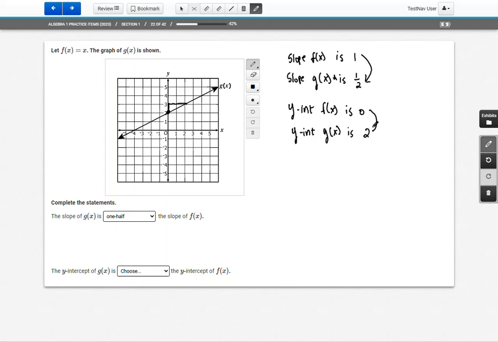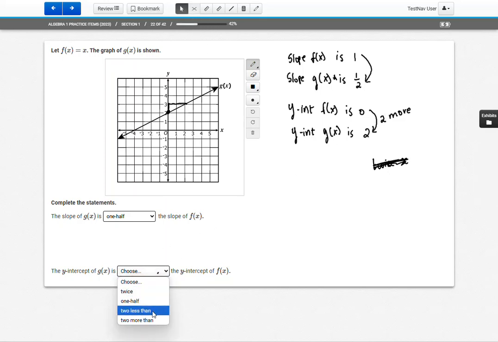Okay, so this is not twice, this is 2 more. Because the word twice means multiplication, but it's not being multiplied because 0 times 2 is 0, not 2. So it's 2 more is what I'm going to look for here. 2 more then. Okay.